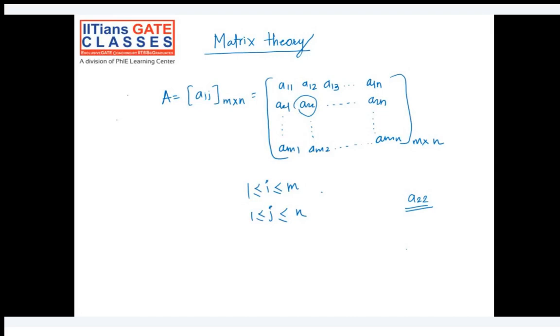So this is our second row, and this is our second column. Wherever it meets, that is our targeted element. I hope everyone knows this. Any doubt till this? Can I proceed?